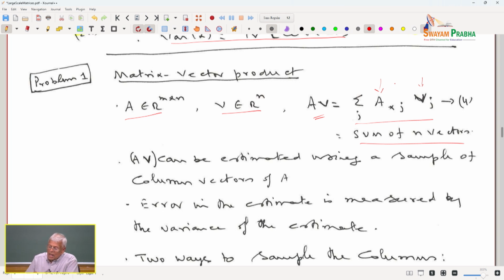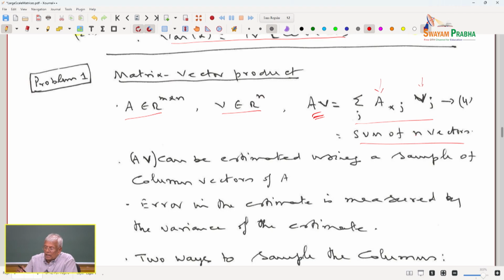So now AV is the exact value. Here I am trying to add all the multiples of the columns. In approximation, I am not interested in the sum of all the columns, I am interested in the sum of some columns.